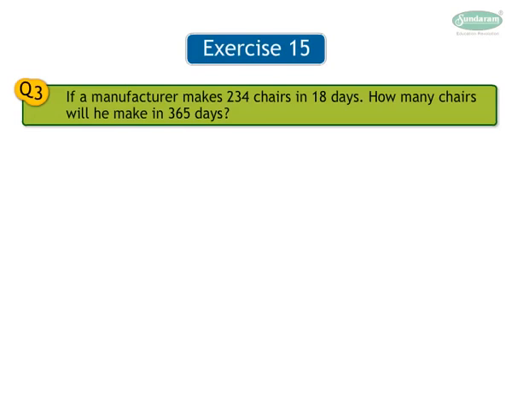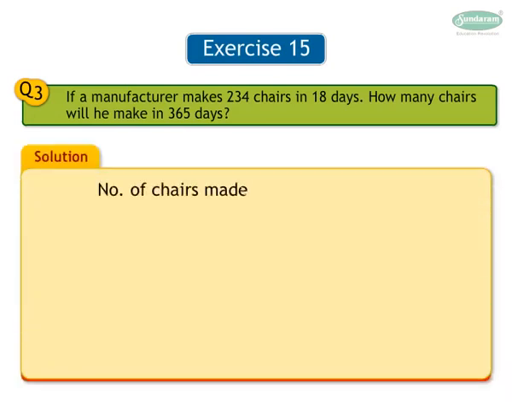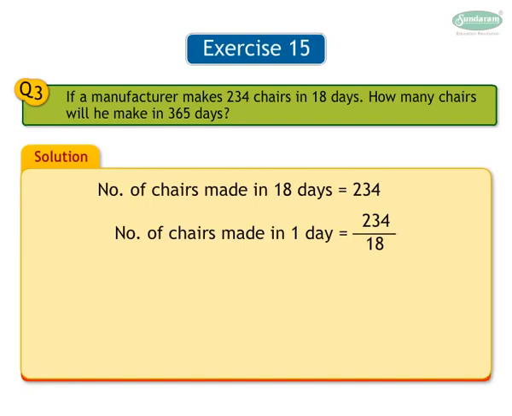Number 3. If a manufacturer makes 234 chairs in 18 days, how many chairs will he make in 365 days? Solution. Number of chairs made in 18 days is equal to 234. Number of chairs made in 1 day is equal to 234 upon 18, is equal to 13 chairs.